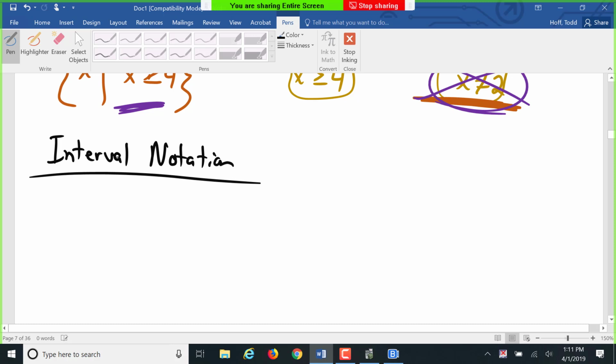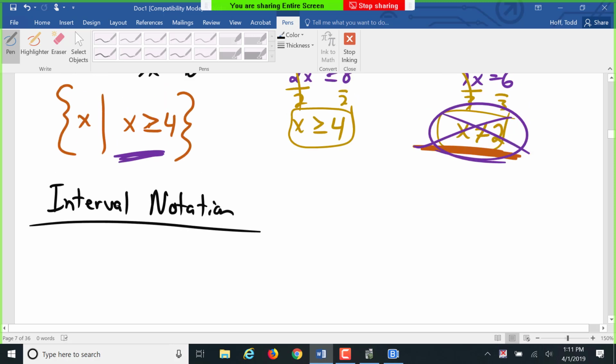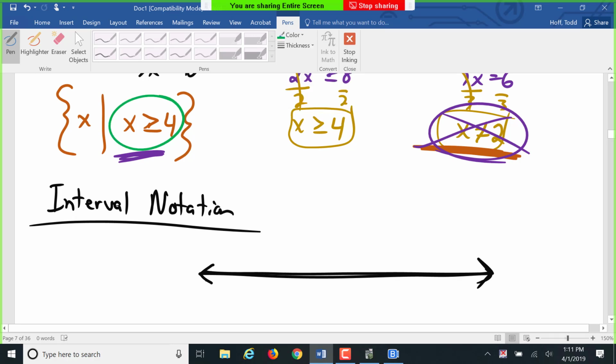There's something called interval notation. What interval notation does is it actually comes from the number line when we graph these. When we graphed something like x is greater than or equal to 4, we found 4 on the number line.